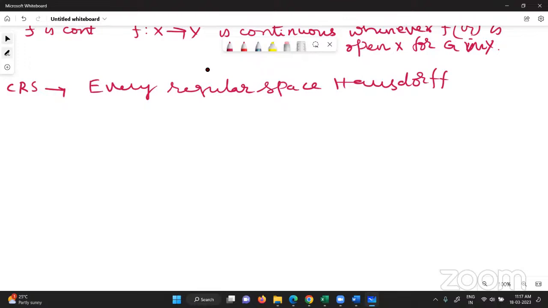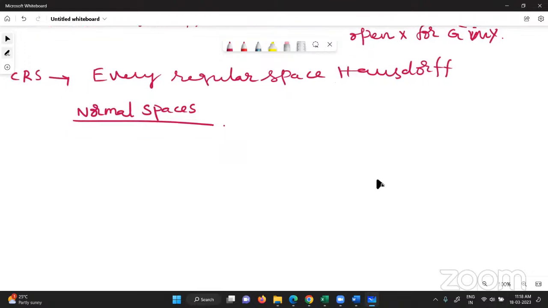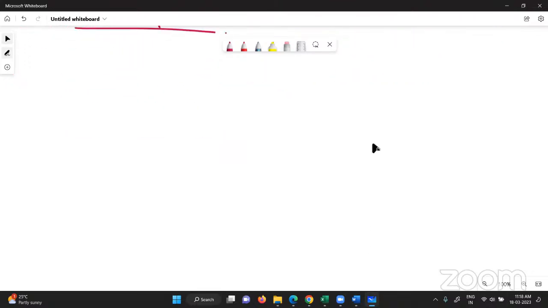Now, one more important concept is normal spaces. How do you define a normal space? A normal space is a T1 space.